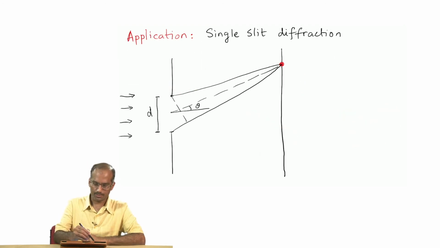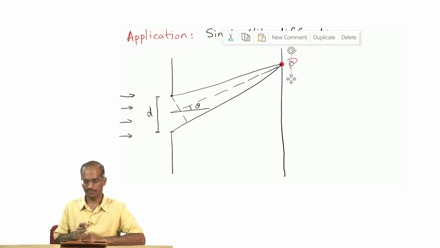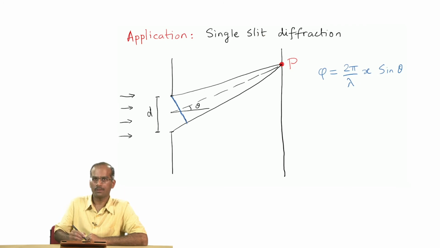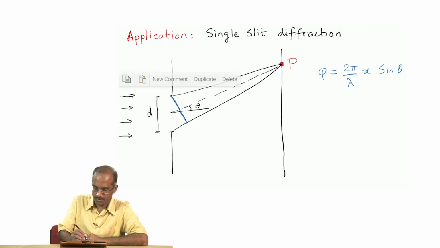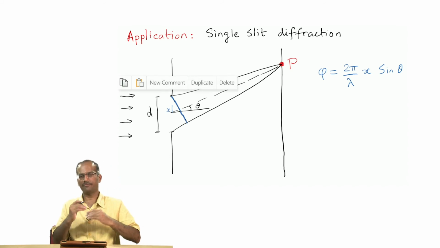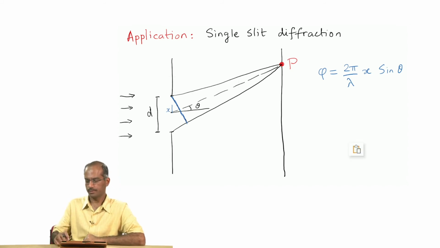What I would like to know is the following: what is the intensity at some point p, which is some distance away from this screen which has this slit d. So, if I choose x to be some distance away from the midpoint, the phase difference would be a formula like this, 2 pi by lambda times x into sin theta.